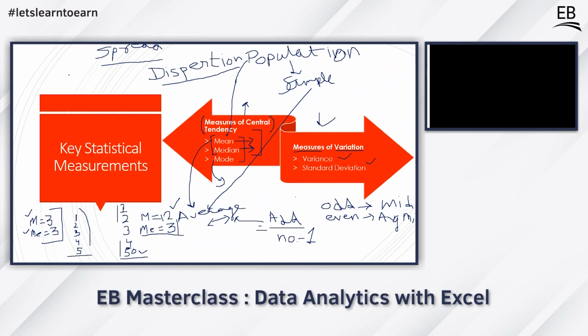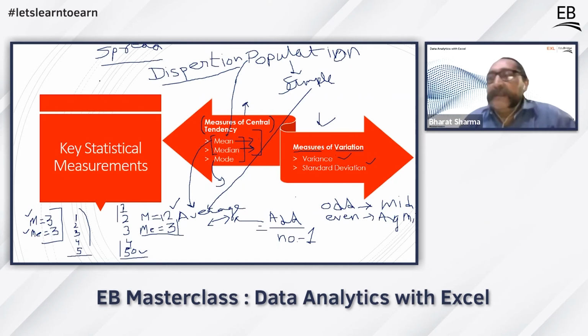It's the square root of variance. Absolutely correct. Okay. So variance is the average square distance of the data points from its mean or median. It could be any central tendency point. But as per the definition, it says it is the average square distance of data points from the mean.